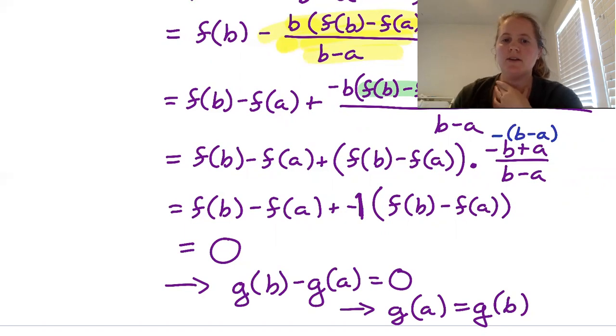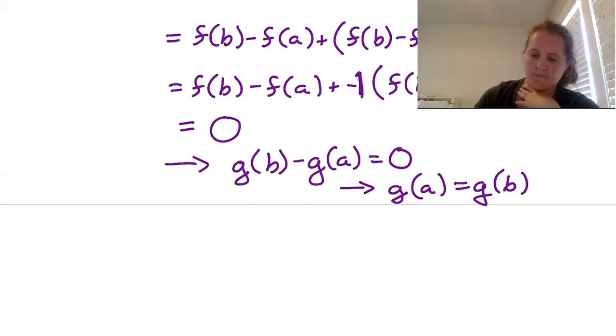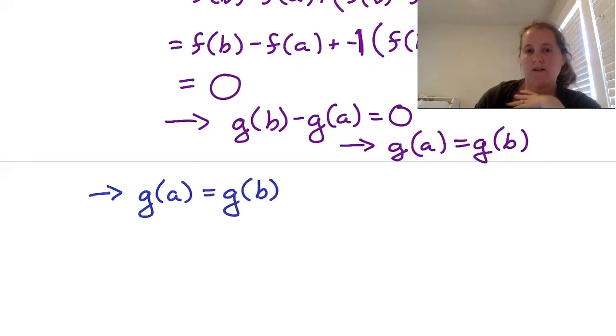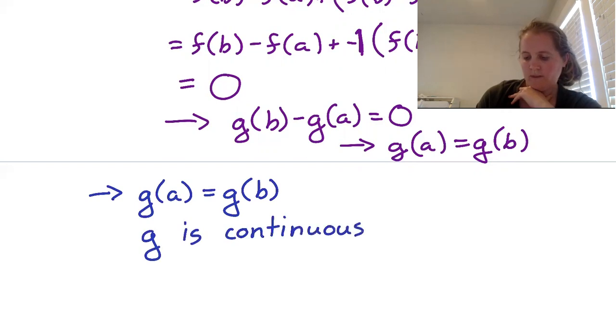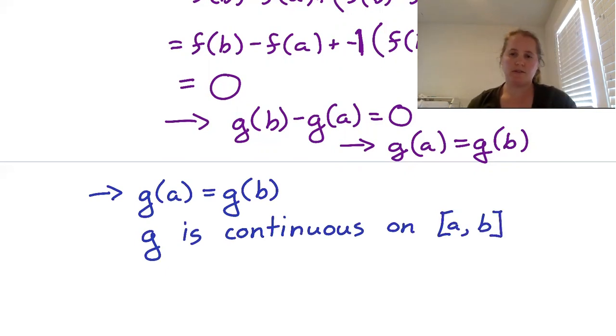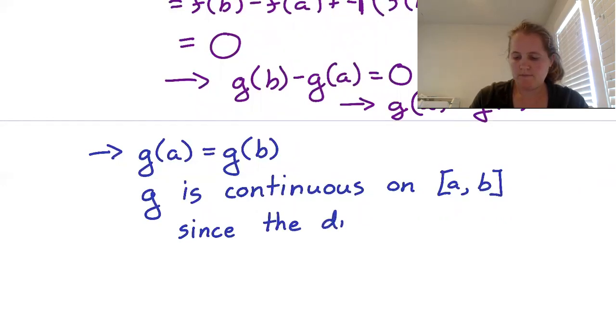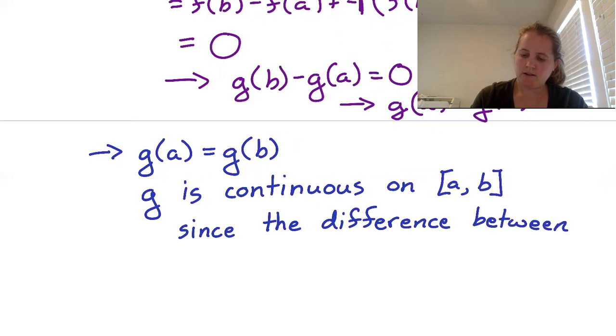So at this point, we have that g has the endpoints matched, g of a equals g of b. g is continuous on [a, b], since the difference between continuous functions is continuous.